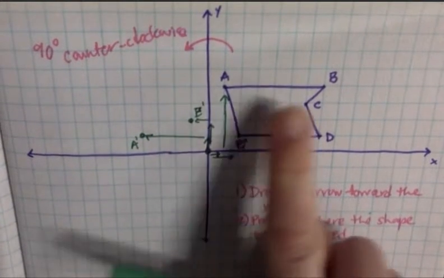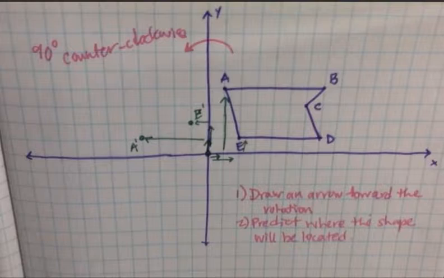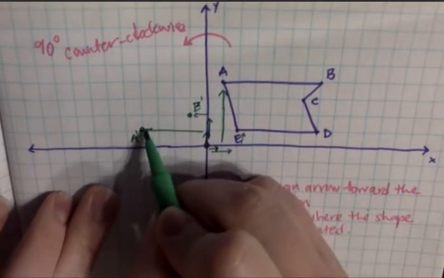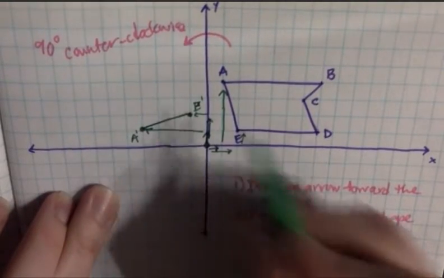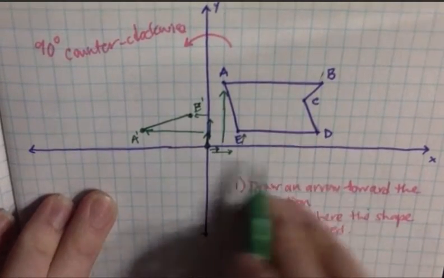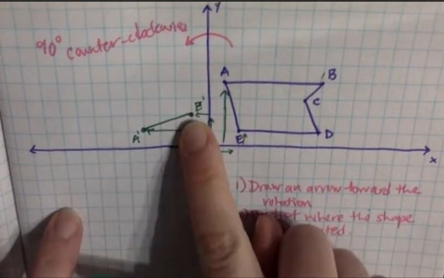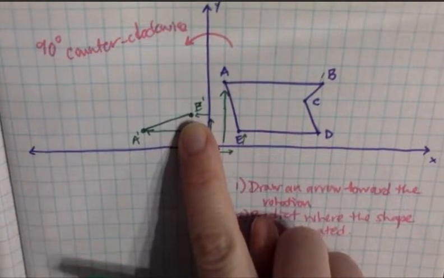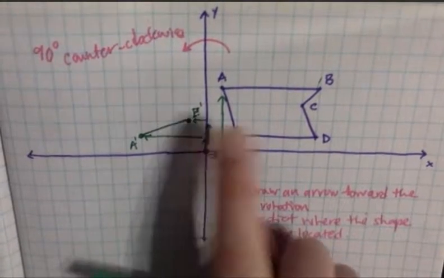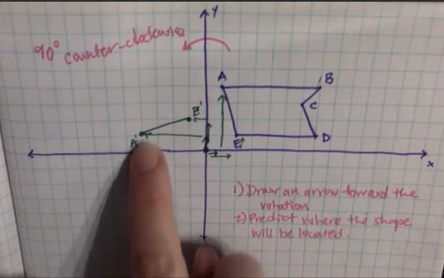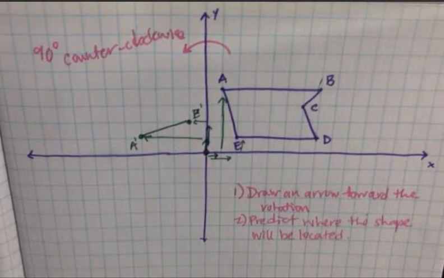I'm going to do the same thing with every single one of these and just get a feel for where these are at. I can look at each of these points, like B prime, based on its center of rotation. But now, once I have 2 points drawn, I can look at where the A and the B are located and compare that to where they're supposed to be located over here.